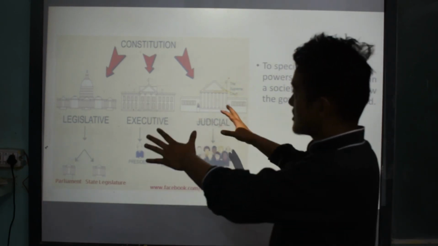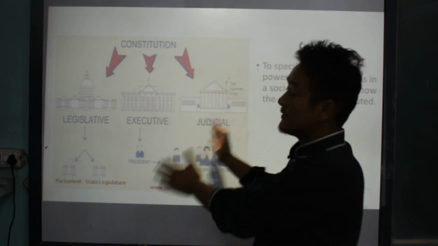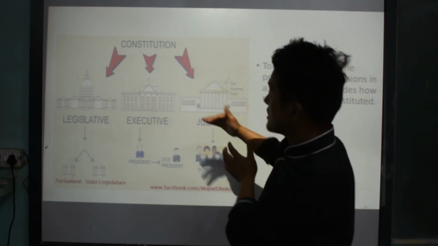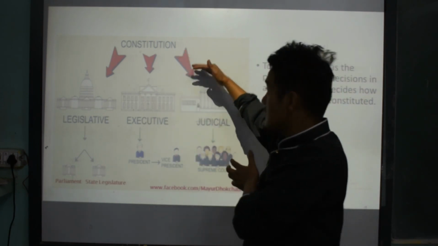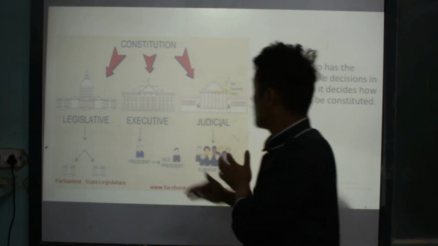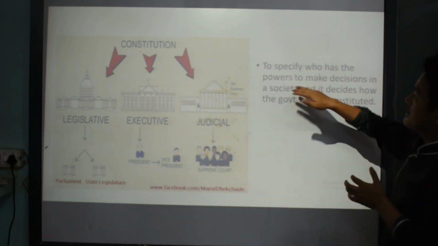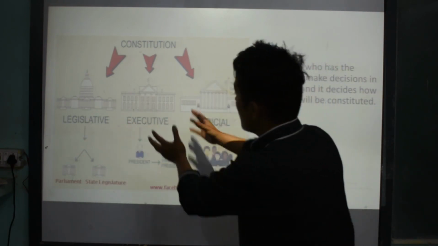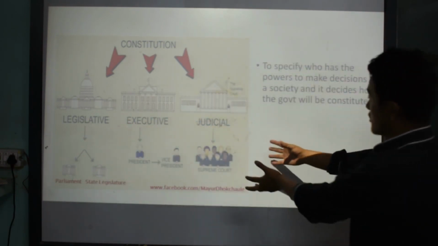So all these institutions were assigned different responsibilities by the Constitution. The Constitution has specified how much power the legislature has, how much power the executive has, how much power the judiciary has.